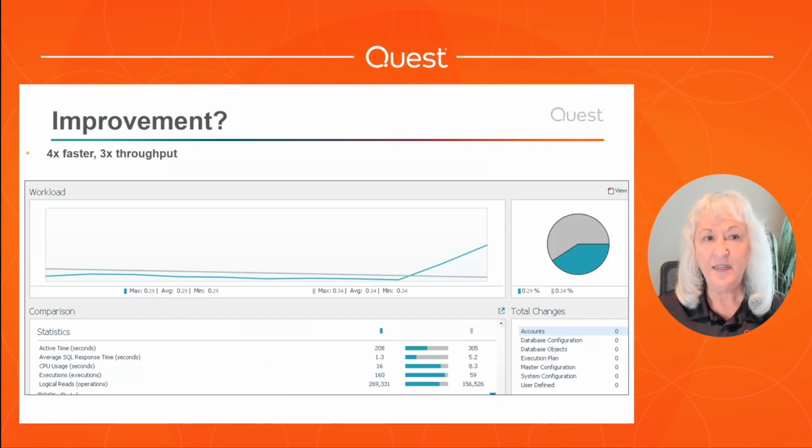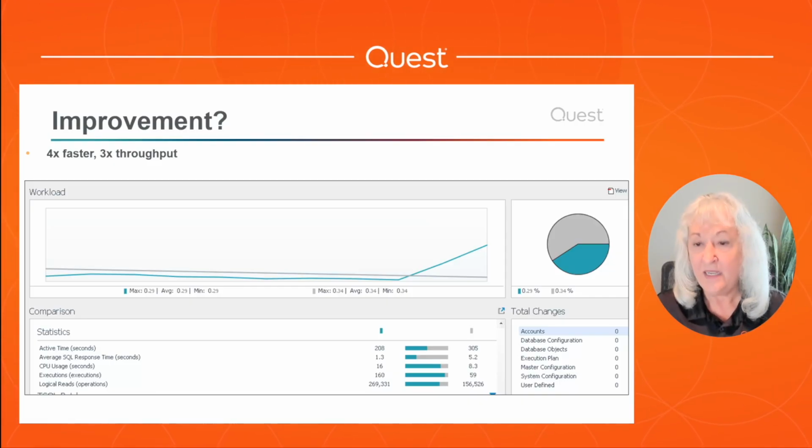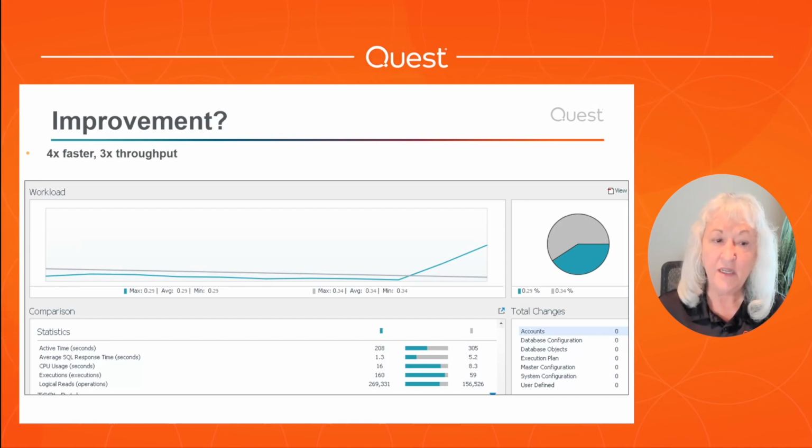Improvement with that, we can see, and this is where the metrics come in. You can see that once I actually put the index out there, the little teal line really jumped up, because of the amount of executions it was doing. And you can actually do the rationale of the number of logical reads that it did, as opposed to the execution.